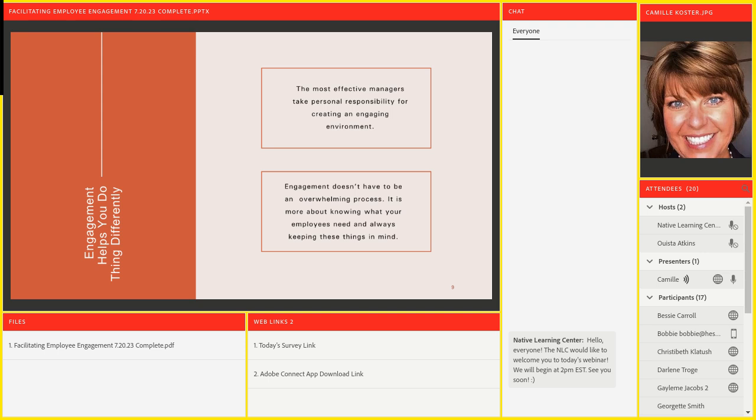You have the power as the leader and manager to influence and impact your employees more than any policy, more than any situation, more than anything.